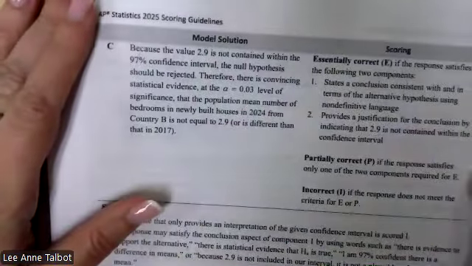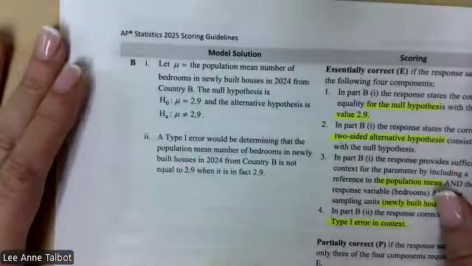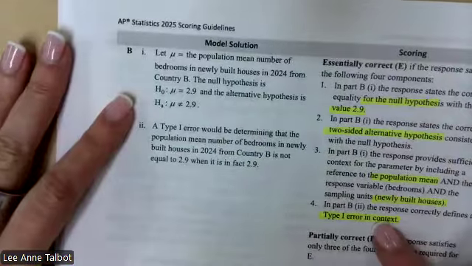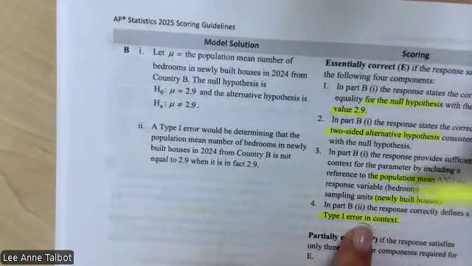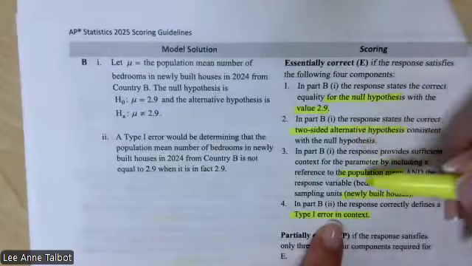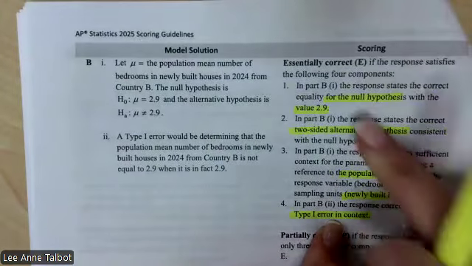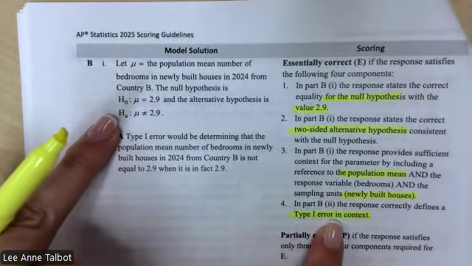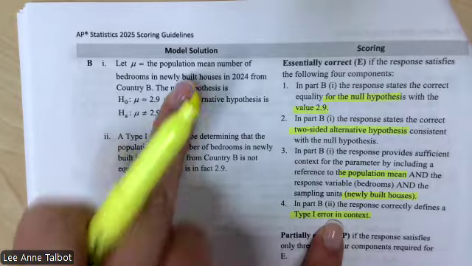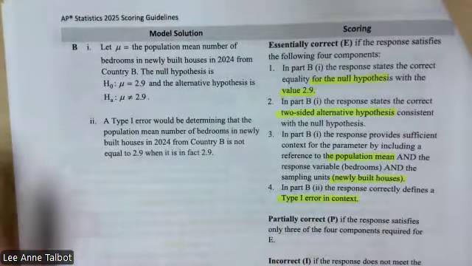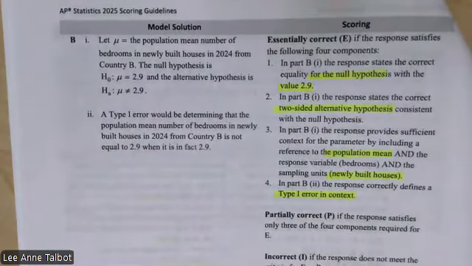What? Well, what did you have? Okay, did you have all 3 of these things correct? Did you have the null and alternative hypotheses and the context? If you did, then that would be a P, because you got all the rest of it.